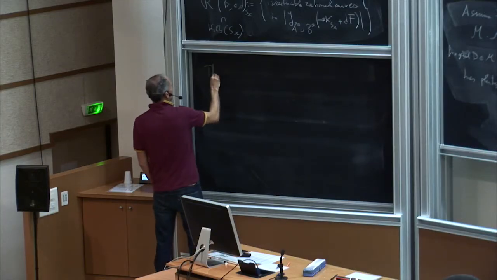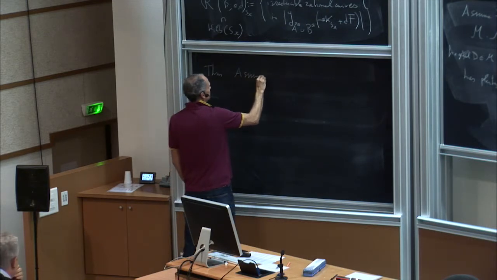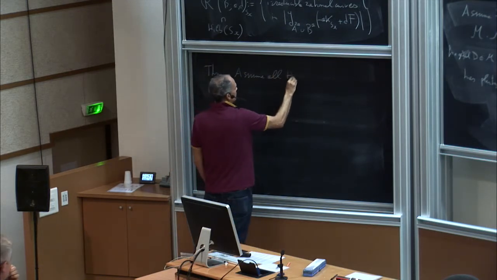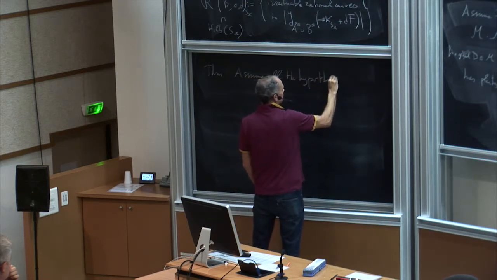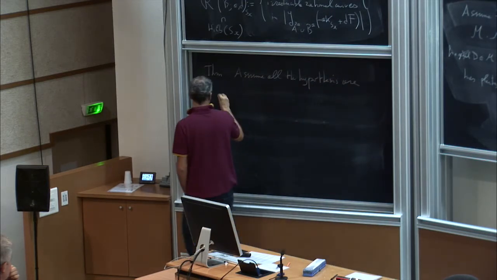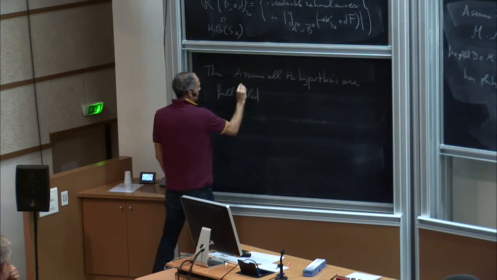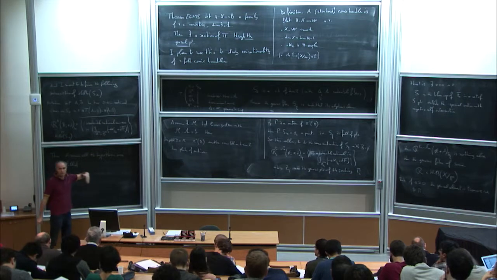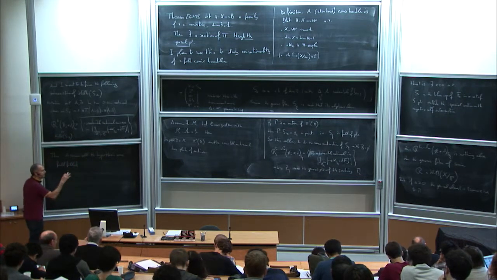So this is the theorem. So assume all the hypotheses are fulfilled. So with this I mean I have my lambda, I have my m, okay? X is a threefold conic bundle with all the structure.